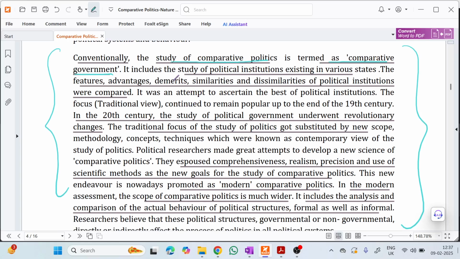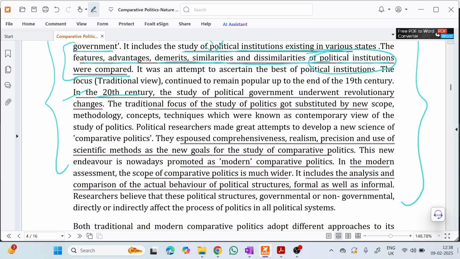But still, I'll proceed with it. Comparative government includes the study of political institutions existing in various states. The features, advantages, demerits, similarities, and dissimilarities of political institutions were compared. But comparative government only compares political institutions.